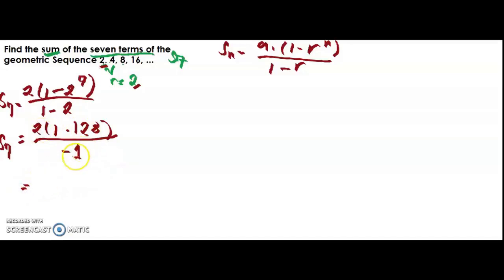And we know that any number divided by 1 is the number itself. So ito magiging negative siya later. Pero sige, step by step natin to. So we have 1 minus 128. We have negative 127 divided by negative 1. Next, evaluate natin to. So 2 times negative 127.